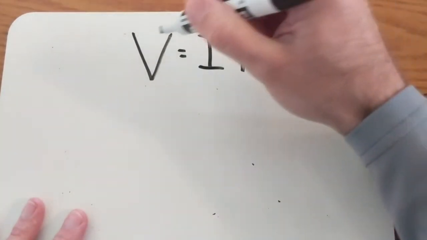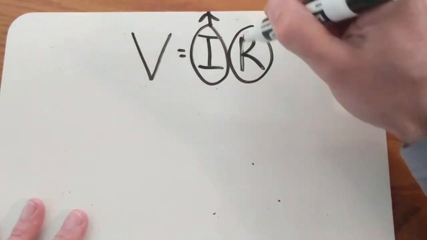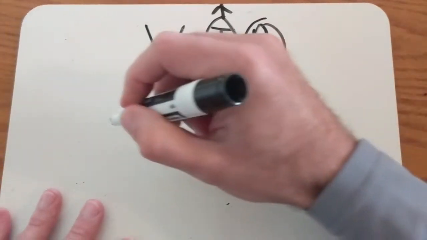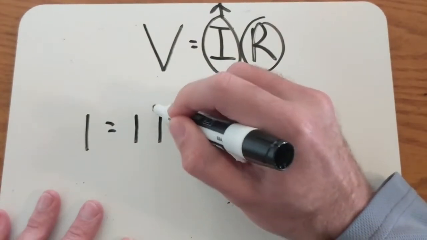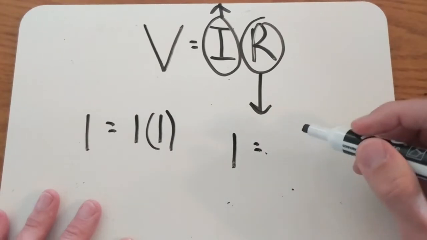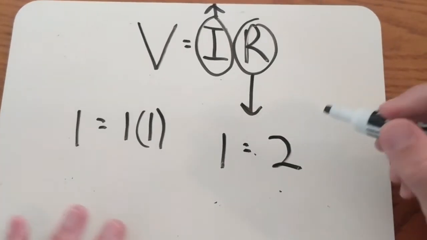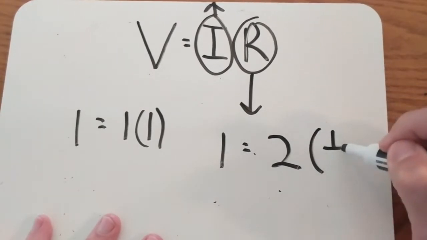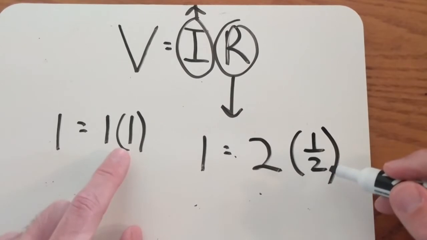So we know if the voltage stays the same, if the current goes up, then we have to get the resistance to go down. In other words, if the voltage is 1, the current will be 1 when the resistance is 1. All right? Well, if we keep the voltage the same at 1, and the current went up like we did in our experiment, then that would have to mean that the resistance would go down and half is lower than 1.